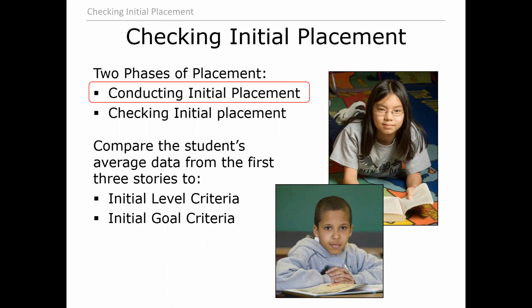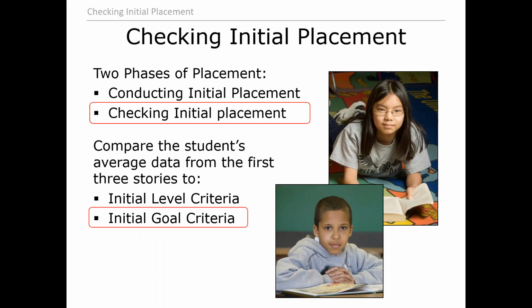Checking initial placement happens after students have been using the program. You're going to take the data from the first 3 stories, ideally around 3 stories, and you're going to see if that data was information that you had on the initial placement day. Would you still have put them in that level? Is it the right level?